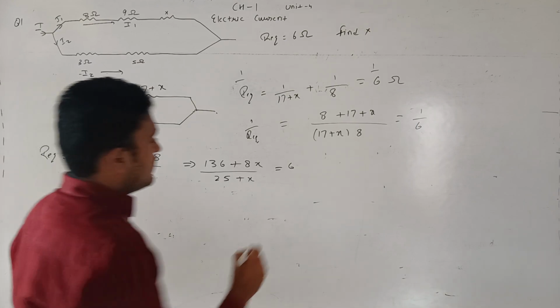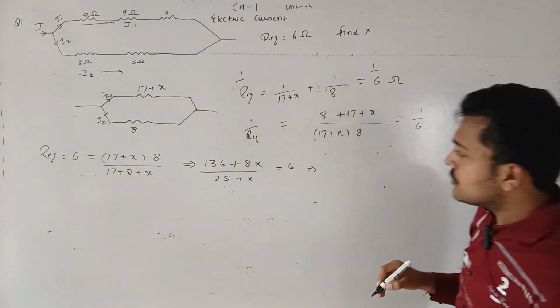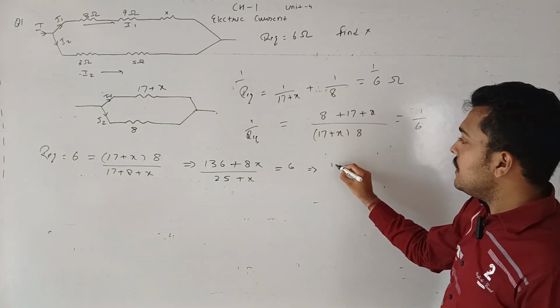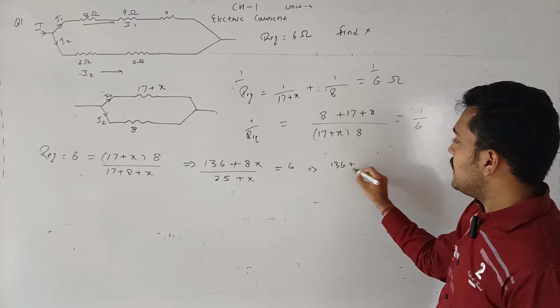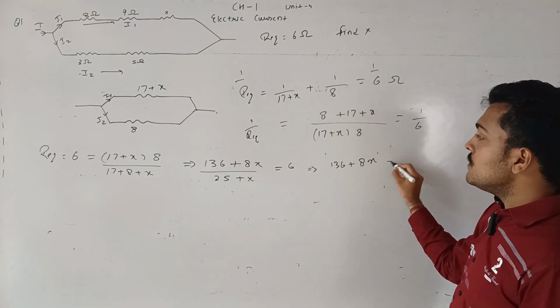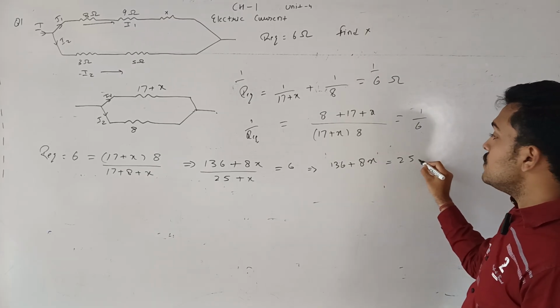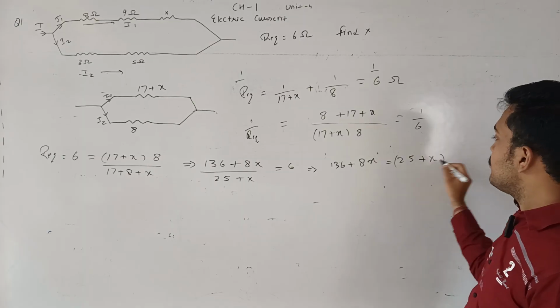When we solve further, we get 136 plus 8X is equal to 25 plus X into 6.